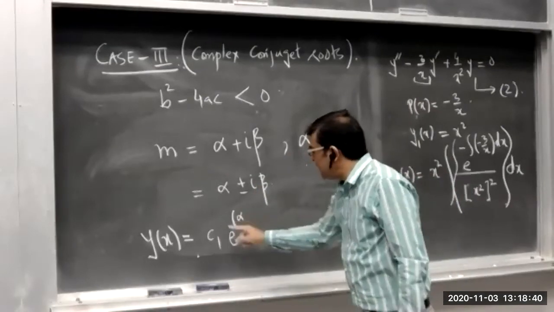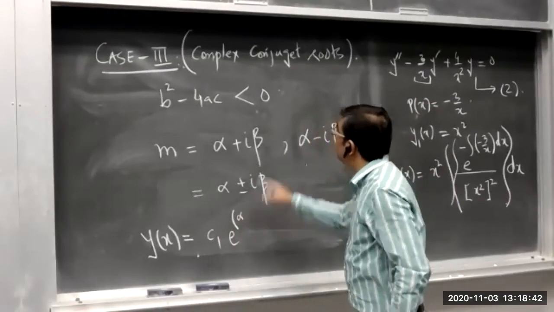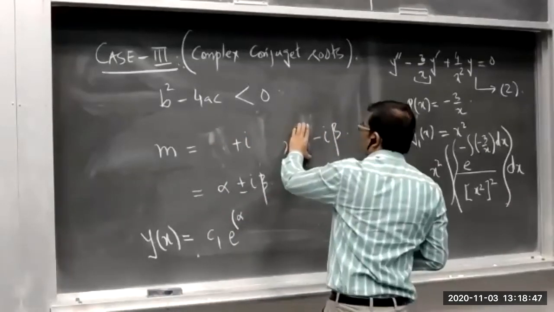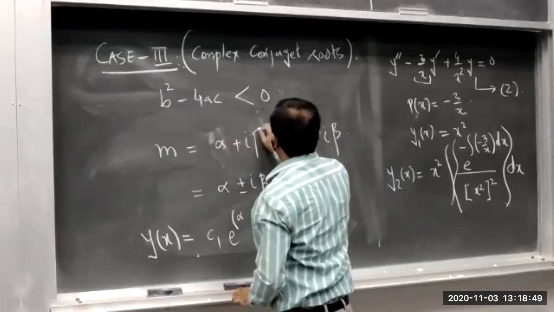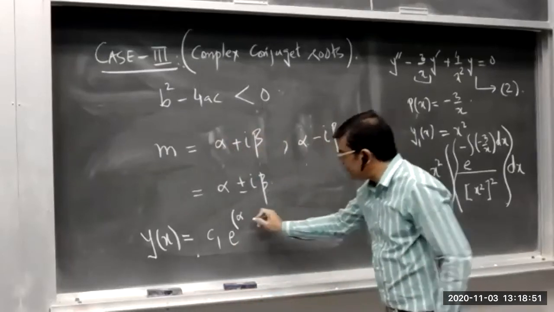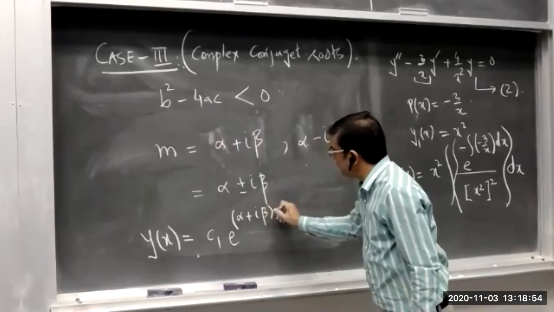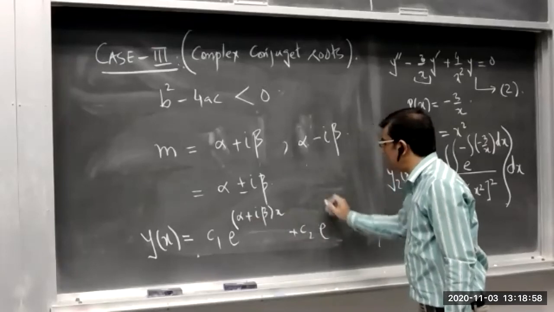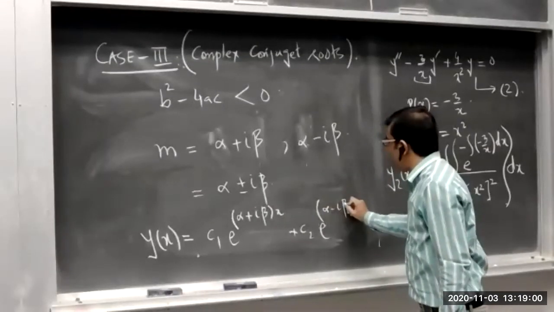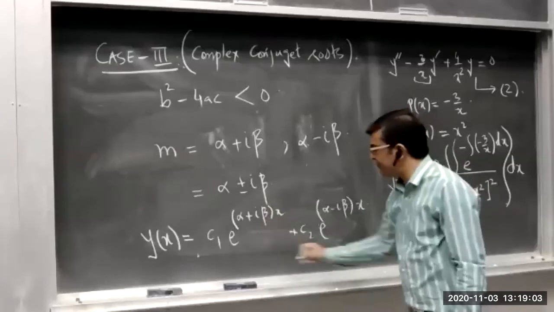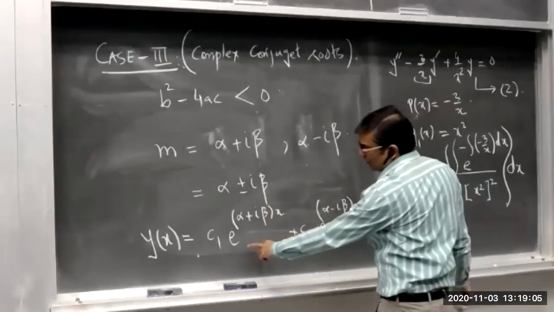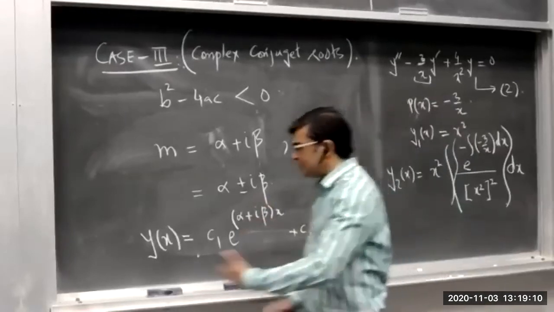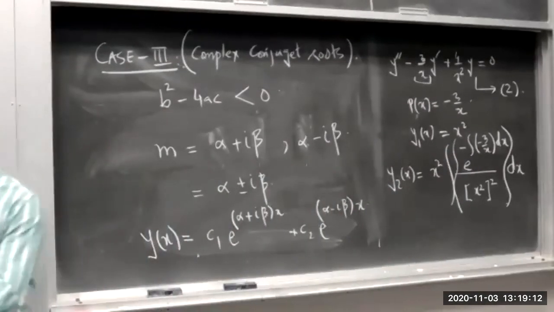What will the solution be? The solution will be C1 e raised power alpha plus iota beta times x, the first root, plus C2 e raised power alpha minus iota beta times x. This will be your general solution, but we will see later in the next lecture how to simplify these terms to get a more simplified solution. I hope you get it.